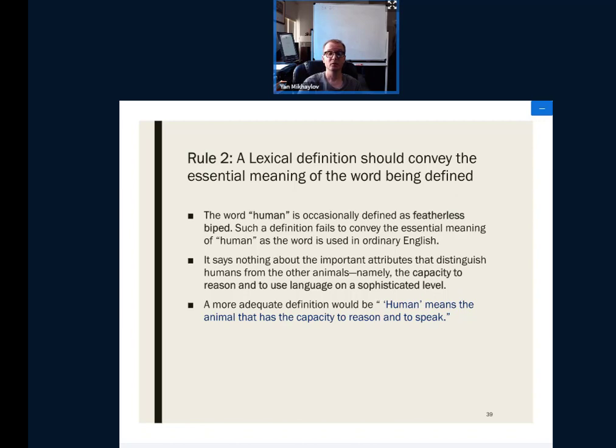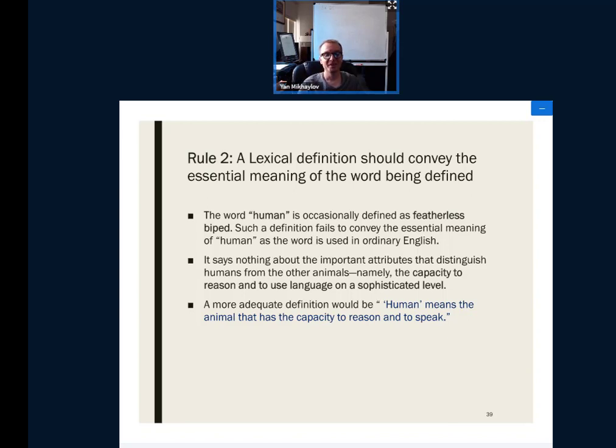The other one, rule number 2, should convey the essential meaning of the word being defined. There's a good example from philosophy, a famous example where supposedly Plato defined human as featherless biped. And apparently one of the philosophers made a joke out of it, took a rooster, pulled out all the feathers, and brought him and said, "There, human of Plato."